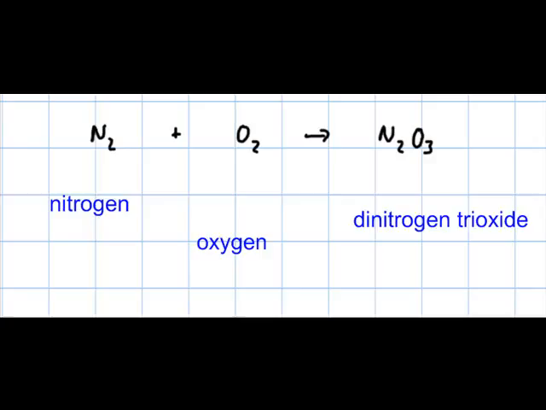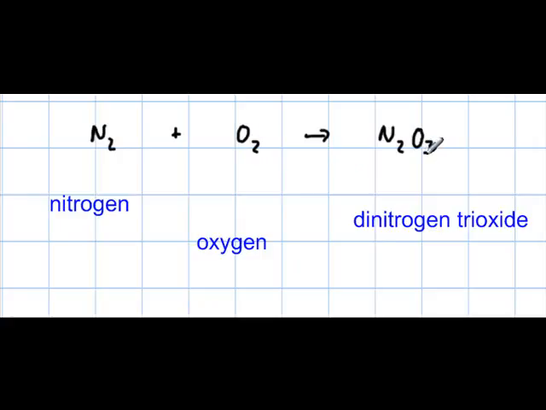Okay, we're going to balance. We're going to look for the element with the most atoms, and it's the O3 over here. So we have an O3 here. On the left hand side we have an O2. Notice that this one is even and this one is odd.